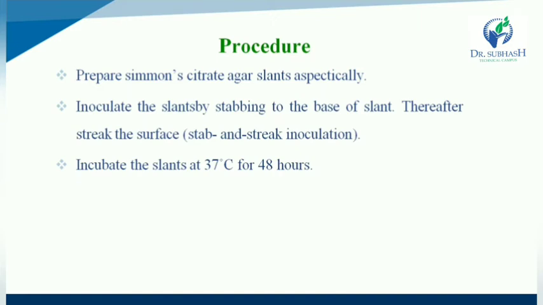After preparing the slants, inoculate them by stabbing to the base of the slant and thereafter streaking the surface. That is called stab and streak inoculation. So the first step is to prepare Simmons citrate agar slants by maintaining aseptic conditions. Next, inoculate the slants by stabbing to the base, and after that streak the slant surface.